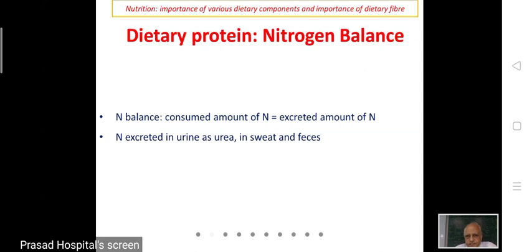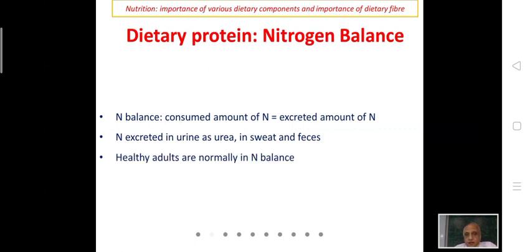So it's a constant process of excretion of nitrogen, and the body has to maintain the balance of nitrogen. Healthy adults are normally in nitrogen balance. Whatever nitrogen they consume in the form of amino acids is equal to the excretion of nitrogen in the form of urea.